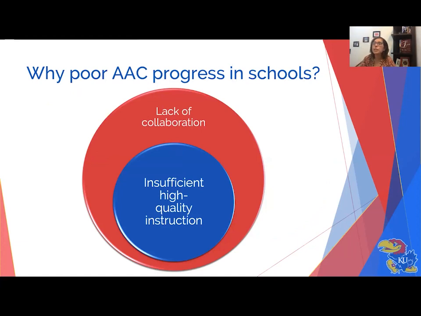Lack of collaboration is likely one cause for insufficient, high quality instruction and practice. When there's only one person on the team who is teaching and practicing AAC with the student, students don't get enough practice. And in fact, collaboration has been consistently emphasized in the literature as important to the success of AAC instruction.